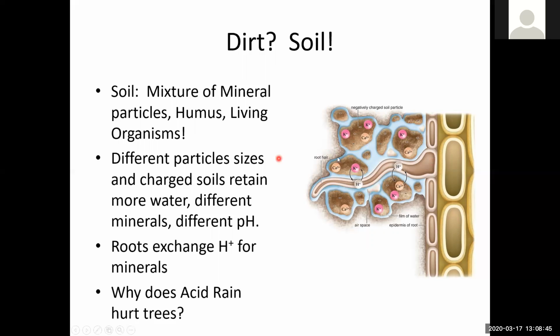So if we look at soil, really look at it, you can see water in between these soil particles of clay or what have you. And we see these charged ions of potassium and calcium and hydrogen, also known as protons. Well, the rootlets will take up calcium and potassium and carbon and nitrogen and such.